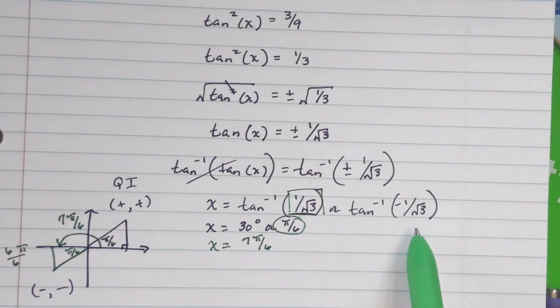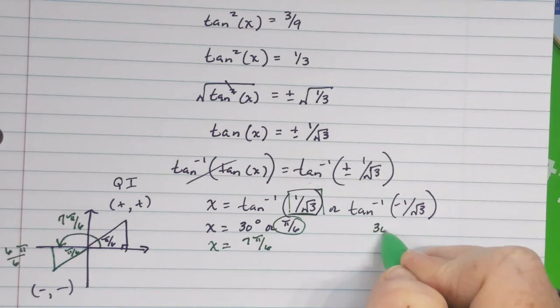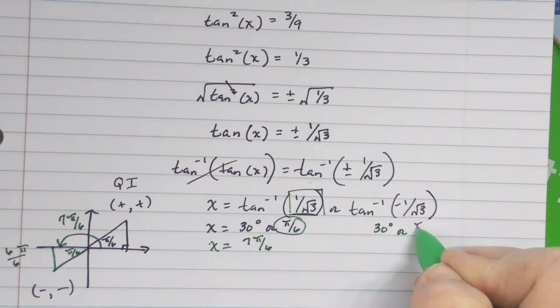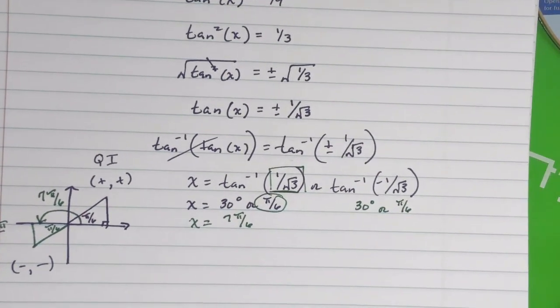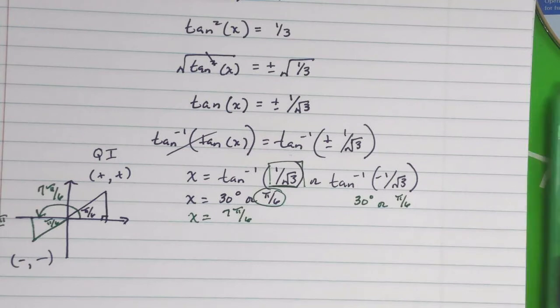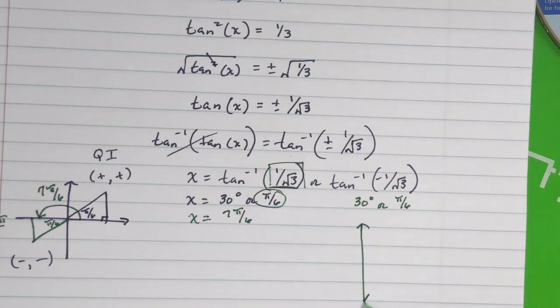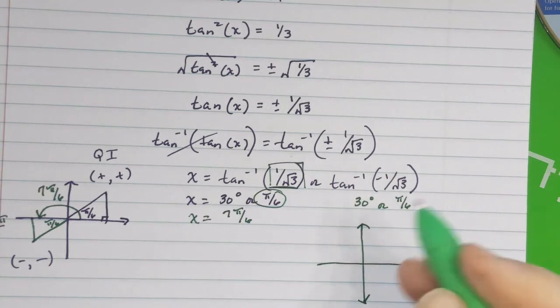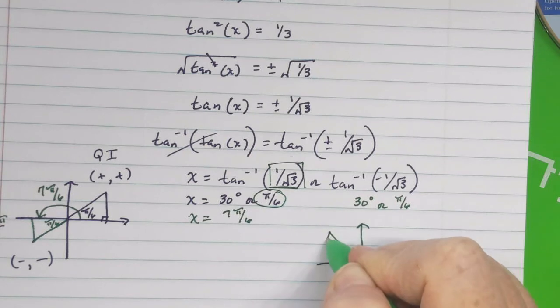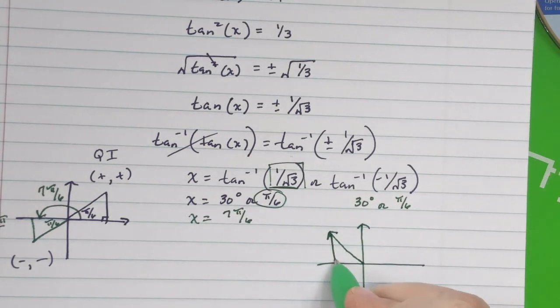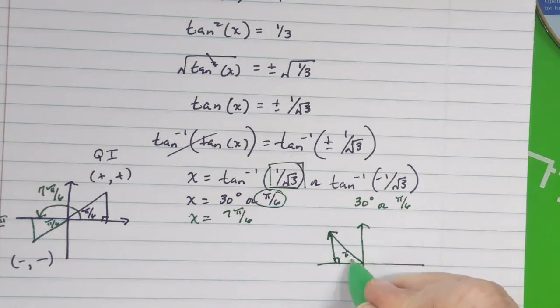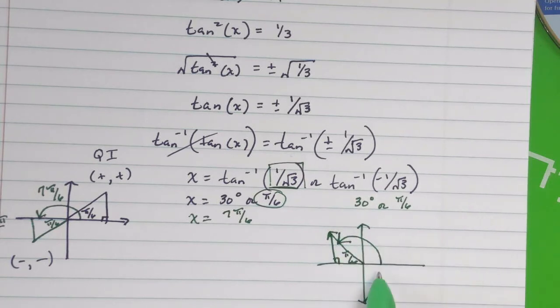We now have to look at when the tangent is going to be negative for this same thing. Well, the reference angle is still 30 degrees or pi over 6, but we have to look at when that is going to be negative. So let's draw a little picture and think about it. The tangent is going to be negative in quadrant 2. So this reference angle right here is pi over 6. But your actual angle is going to be from 0.